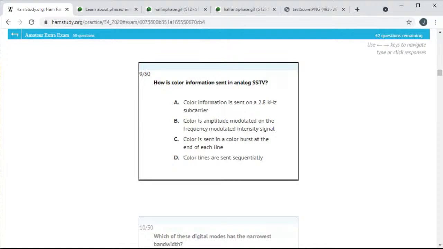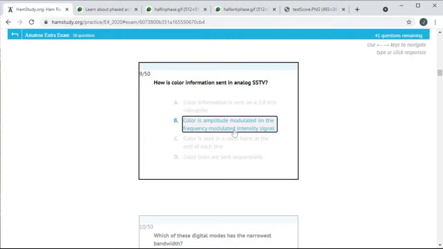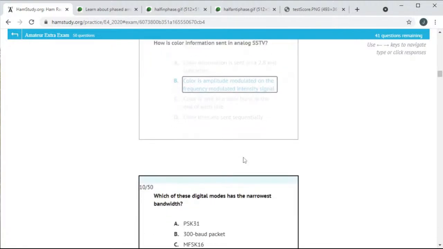C, color is sent in the color burst at the end of each line. D, color lines are sent sequentially. Unfortunately, this is one question I don't remember seeing at all. So I'm going to guess that it's B.